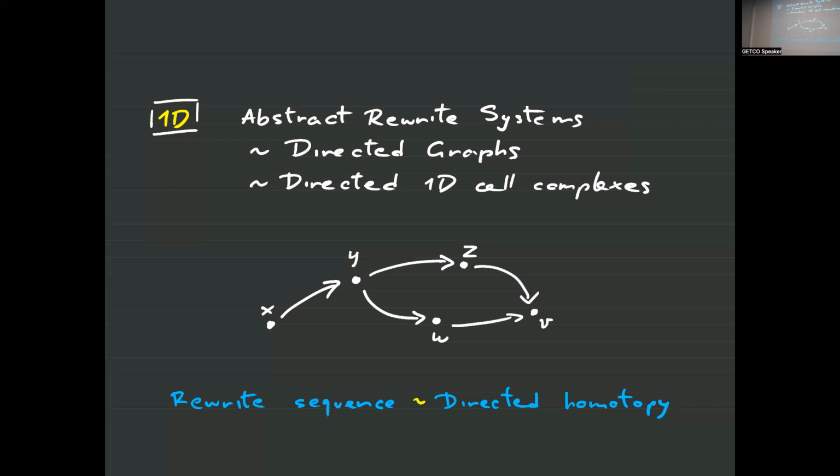And the rewrite sequence traces a path in the graph. And of course, paths are like homotopies in spaces. So a rewrite sequence is a kind of directed homotopy that follows the orientation of our edges.